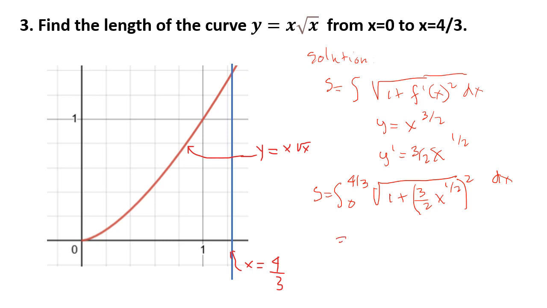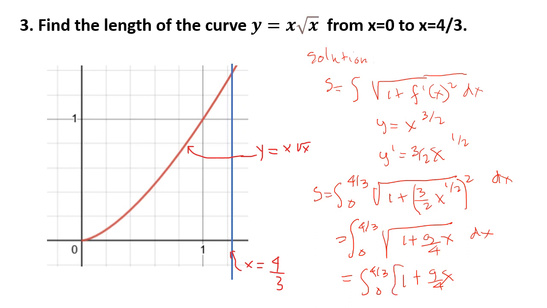So equals the integral from 0 to 4 over 3 of the square root of 1 plus 9 over 4 x dx, equals the integral from 0 to 4 over 3 of 1 plus 9 over 4 x to the power 1 half dx.